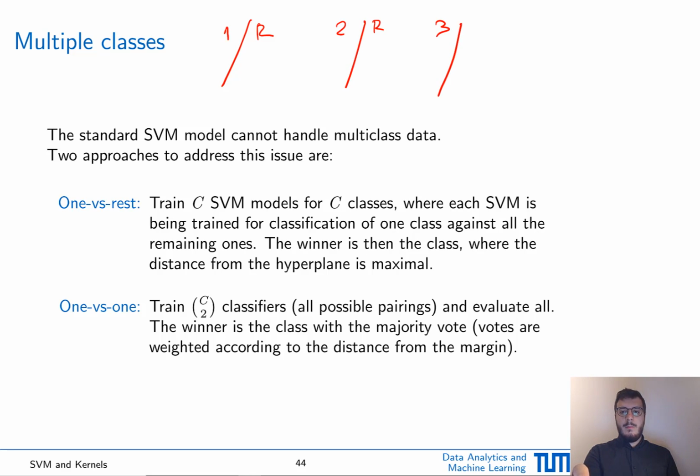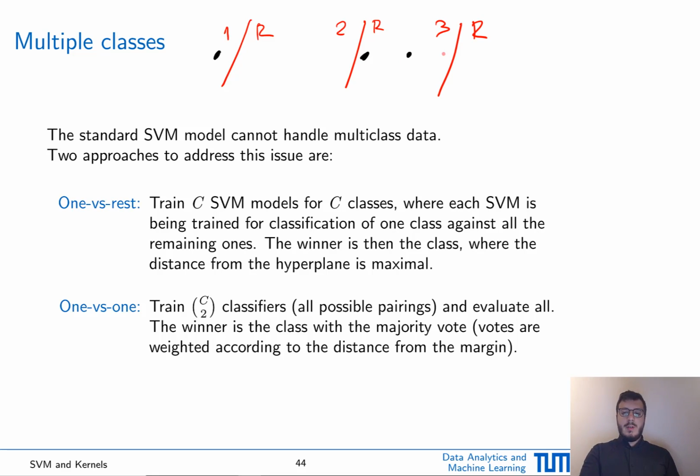Now let's say we have a new data point. You plug this data point in, and let's say it lands on this side of the decision boundary, on this side, and on this side. We see that in this case, the classifier reported rest, so we can ignore it. But here it says it's class 1, and here it also says it is class 3.